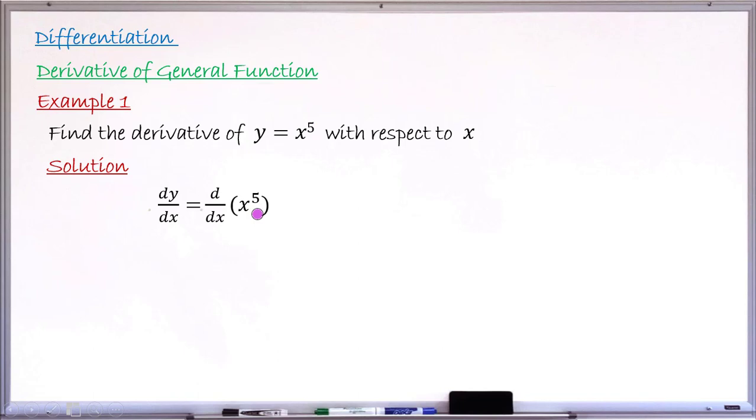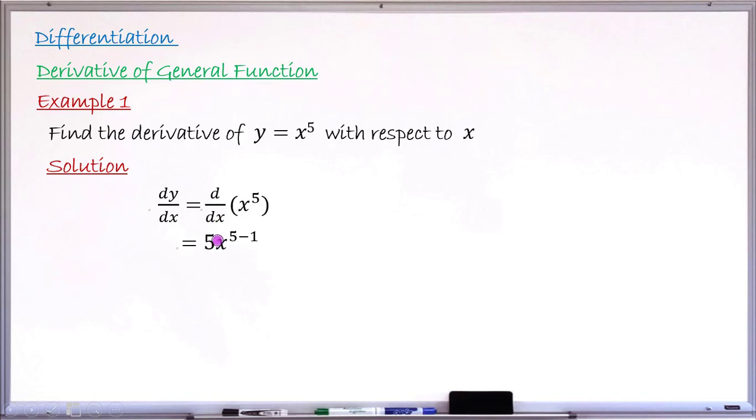So we now remember the rule that we have just learned. We said this power will now become the coefficient and the power will now be reduced by 1. So there I'm going to have 5 times x raised to the power of 5 minus 1. Look at it. The power of 5 will be reduced by 1, and that 5 now becomes the coefficient.